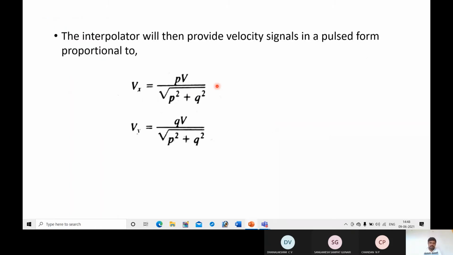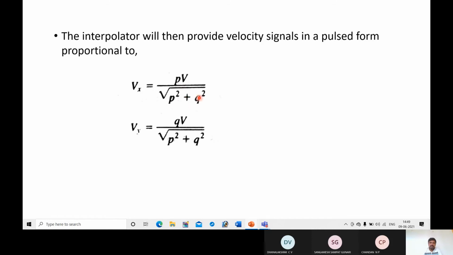Based on that, these are the equations. The interpolator will then provide velocity signals in a pulsed form proportional to these values. This is the velocity signal for the x-axis, this is the velocity signal for the y-axis. It depends on the distance it has to travel and the feed rate.